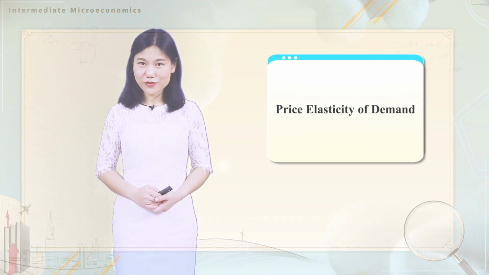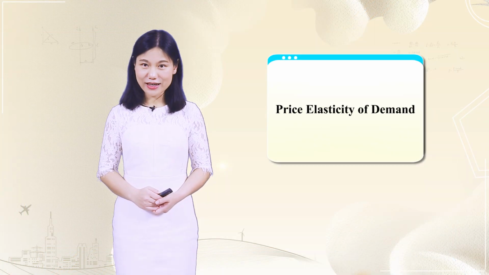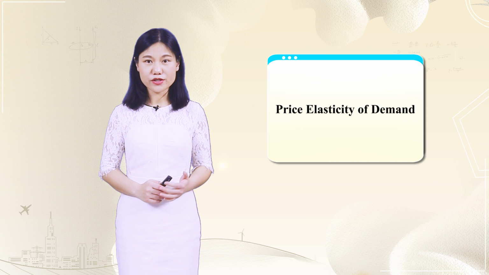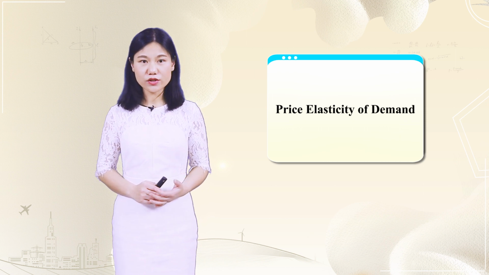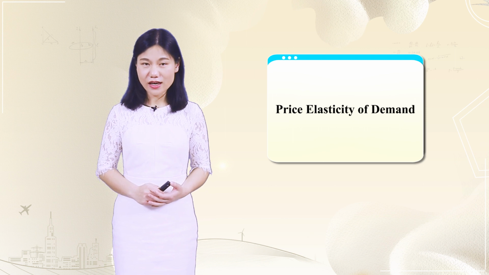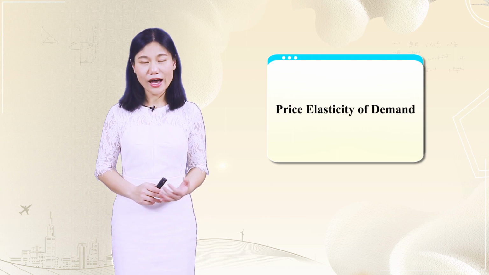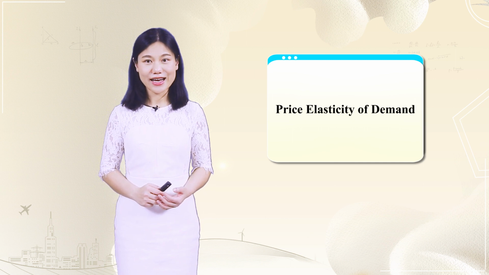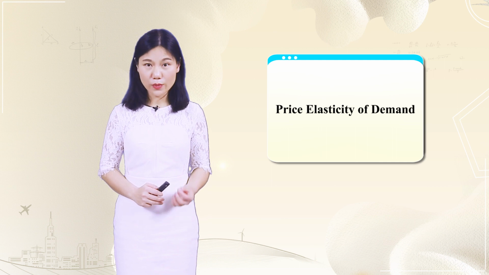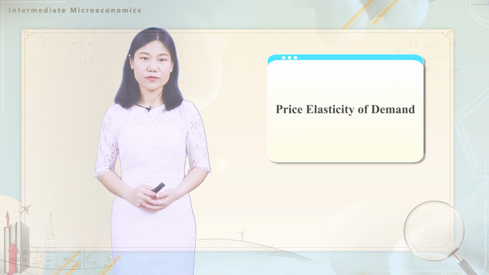The demand curve shows that the quantity demanded of a commodity responds to its price. But we usually want to measure the sensitivity of the response more accurately. In economics, we use elasticity to measure the sensitivity of one variable with respect to another.